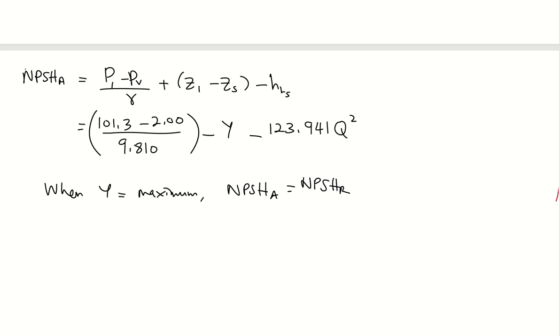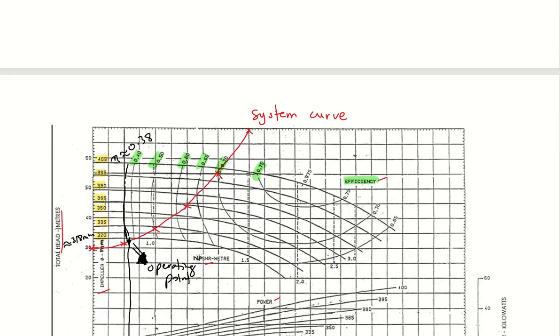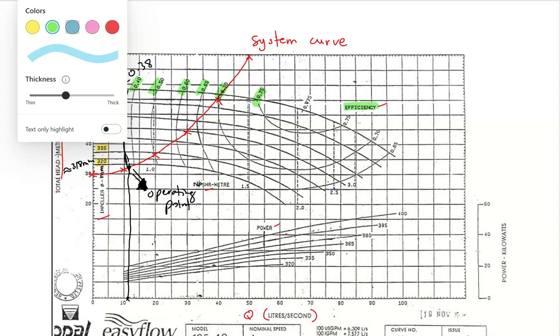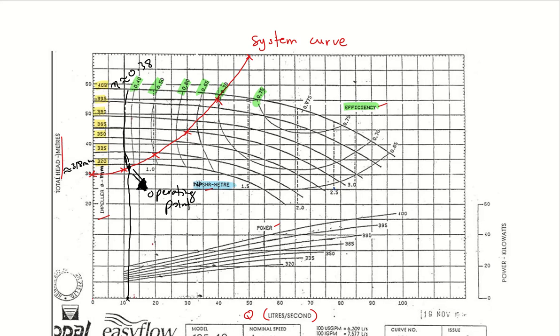So NPSHR, if you go back to the chart, you see this dashed line? This is 3, 2.5, 2, 1.5, 1. Our operating point is between 0 and 1, but it is more close to 1, and it is also close to the center, which is 0.5.